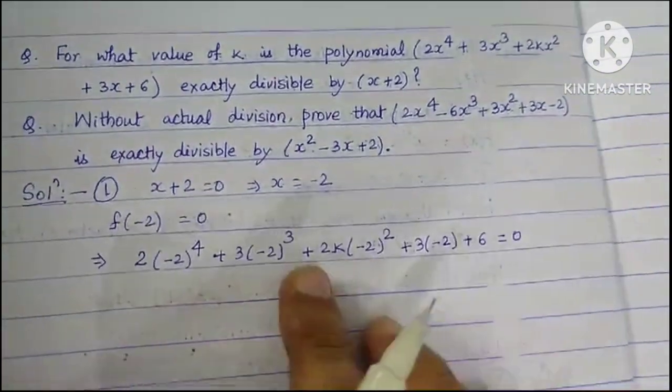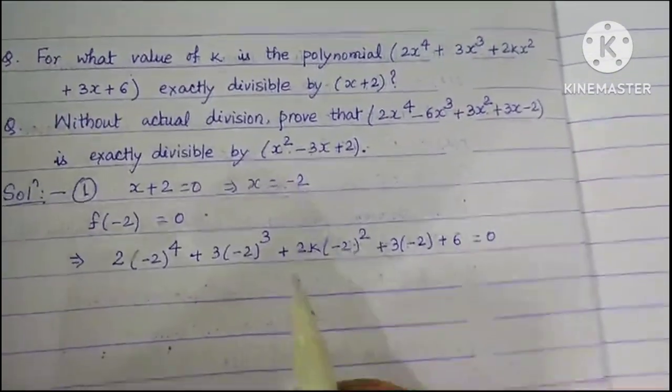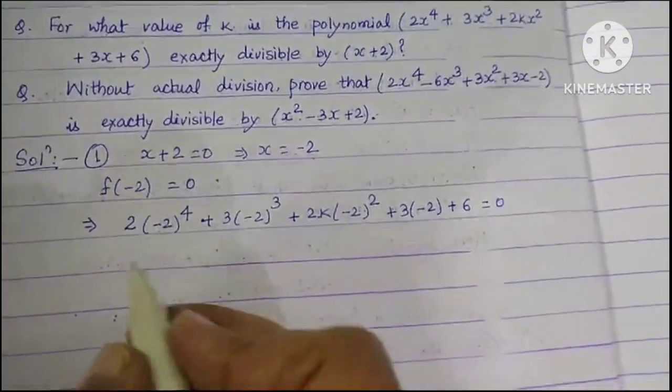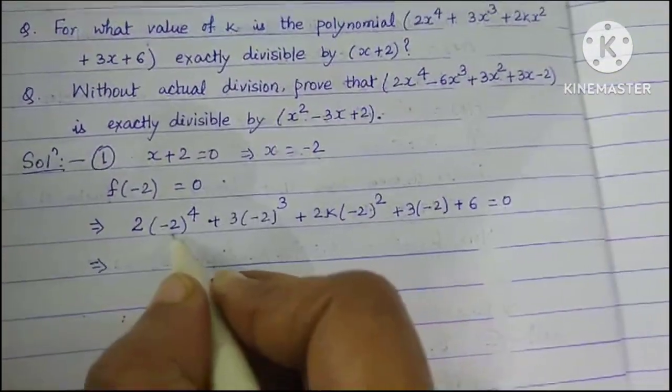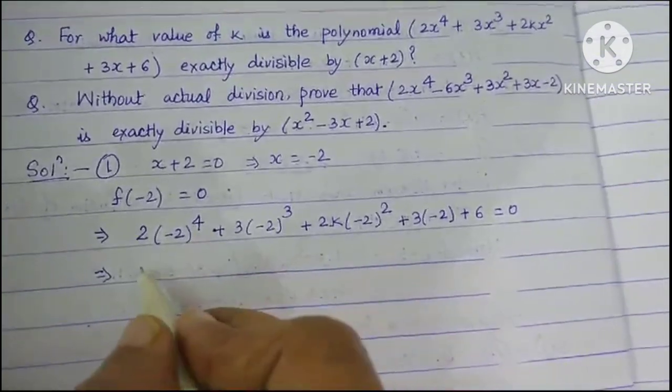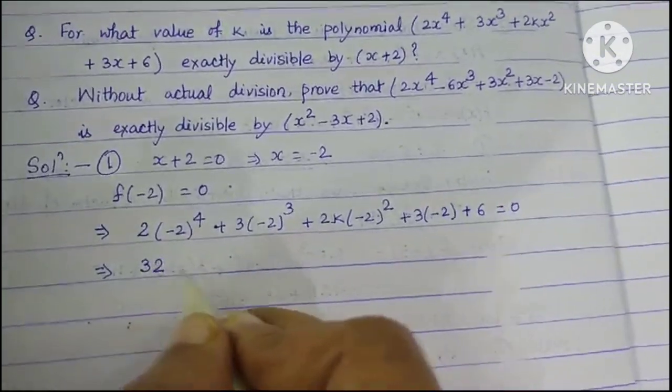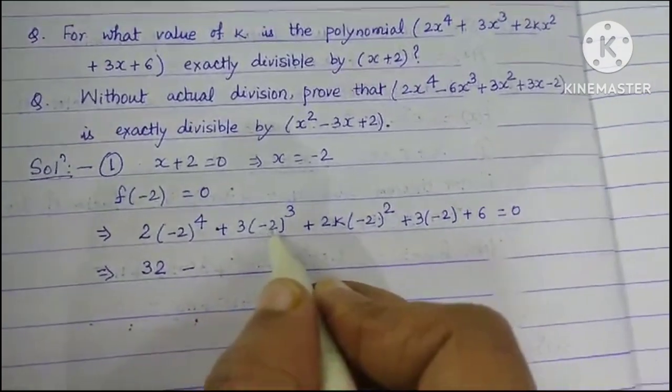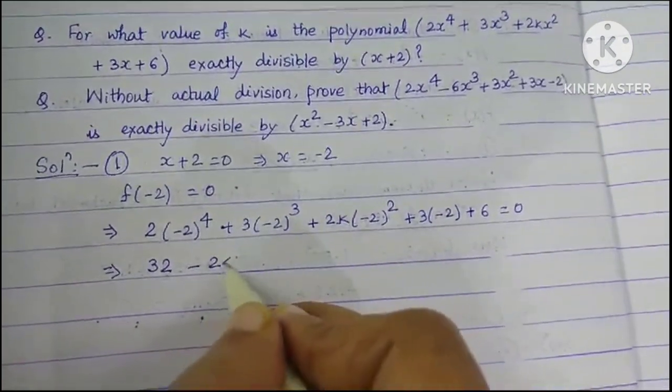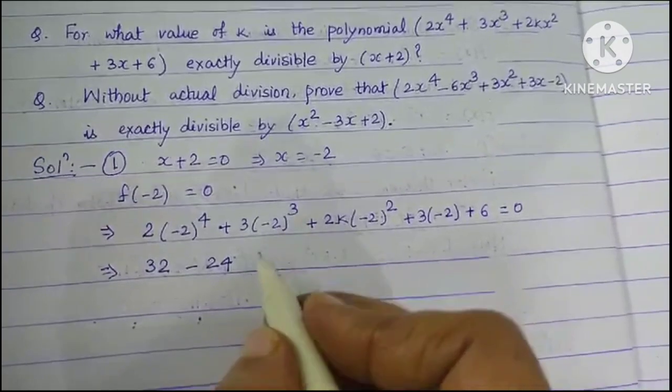This will be our desired equation, and from this we will solve the value of k. Okay, so this implies minus 2 power 4 is 16, 16 times 2 is 32. Then it will come minus 8, 3 times 8 is 24, because the power is 3.